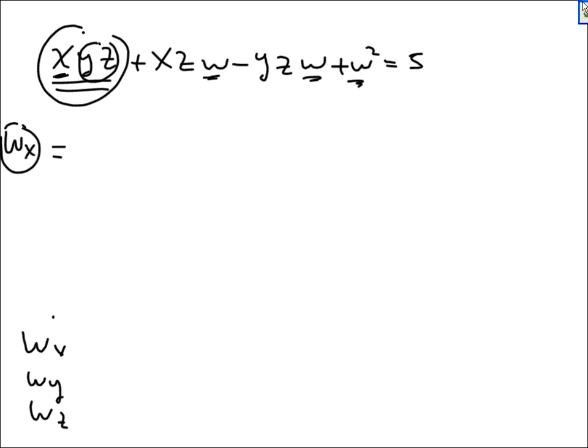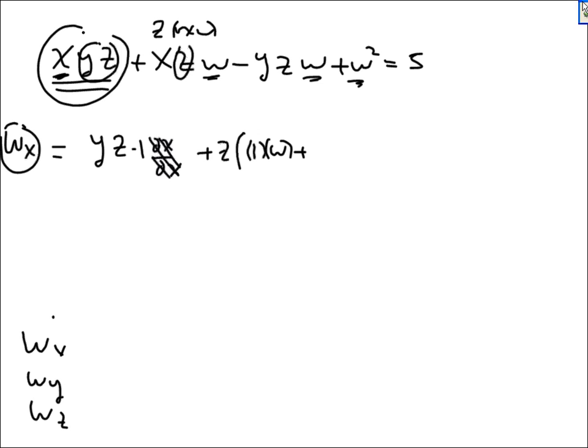yz is a constant. There's x. The derivative of a constant times x is just the constant. I mean, you can say the derivative of x is 1, in terms of x with respect to x. But that's going to cancel out. You can say it if it makes you happier. Plus, z is the constant. This is z times xw. The derivative of xw, being a product, is the derivative of x, which is 1, times w, plus x times the derivative of w, which is partial w, partial x.